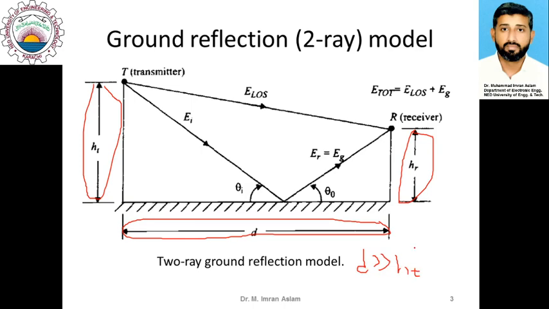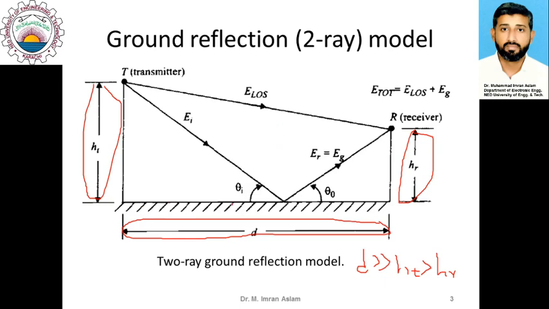So let's say your transmitter antenna height is 50 meters and your distance is maybe 1 kilometer, so this 1 kilometer distance is much larger than the transmitter height, and typically the transmitter height is also greater than the receiver height. Although it's not apparent from this figure because it is not drawn to scale, practically this distance is much larger. So the transmitter and receiver are at a far away distance.